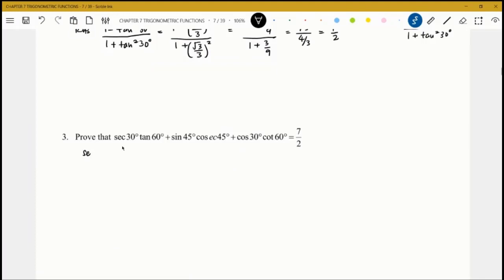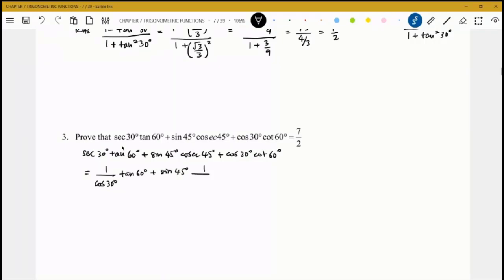So from the left hand side, tangent 60 degree. So this one we make it as the subject. Cos 30 degree, cotangent 60 degree. Okay. So secant is going to be 1 over cos 30 degree. So tangent 60 maintain. Sin 45 degree.